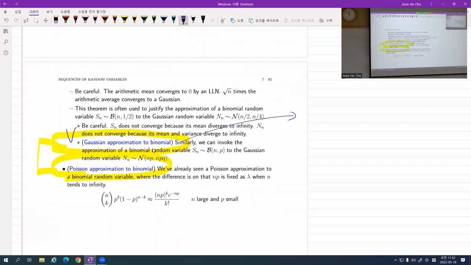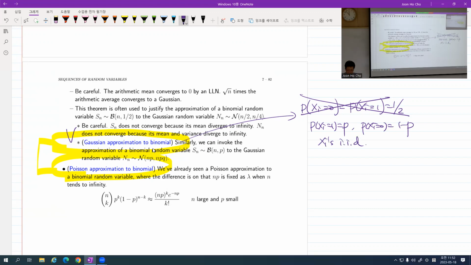Suppose you have x sub i now is really binomial. So it's either 0 or 1 with probability half. Or if you don't like this, then let's have this. Xi equals 1 with probability p, and xi equals 0 with probability 1 minus p. Okay. Now, the xi are IID.